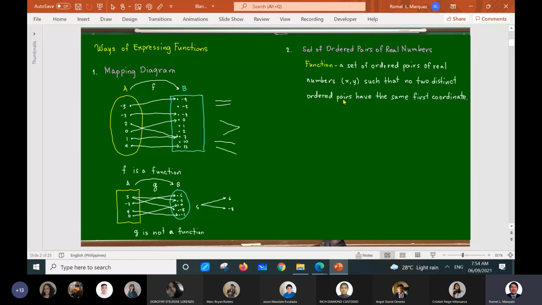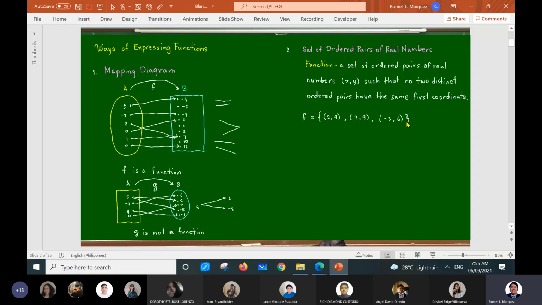Okay? Now, for instance, if I have f as the name of my function and having the following elements inside the set, (2, 4), let's say (3, 9), (-3, 6).